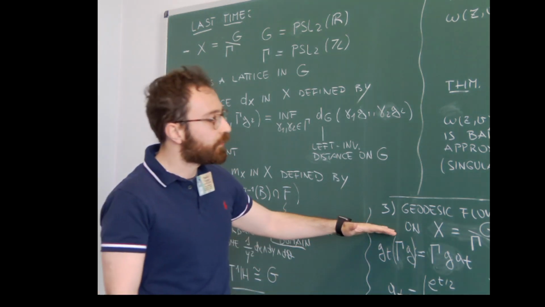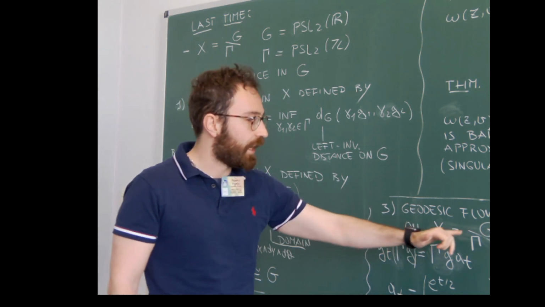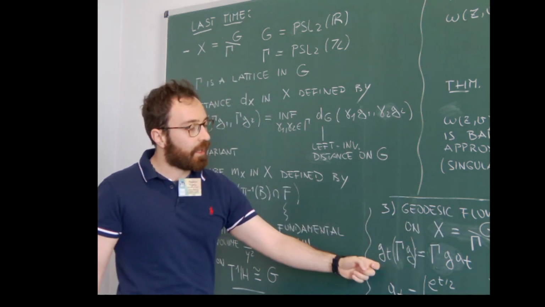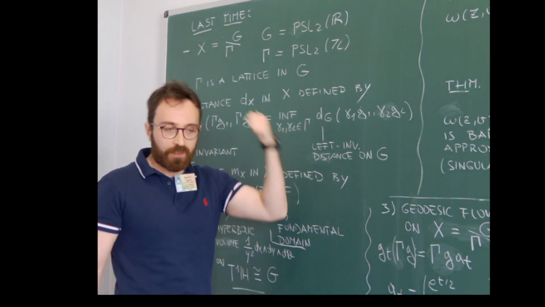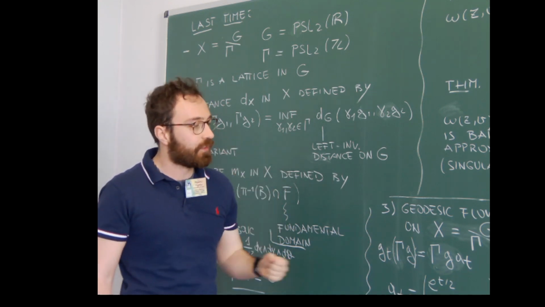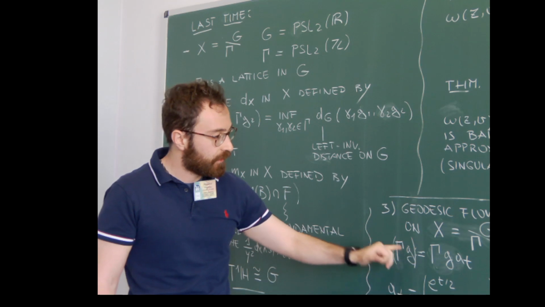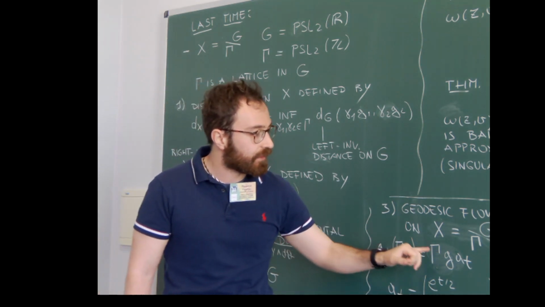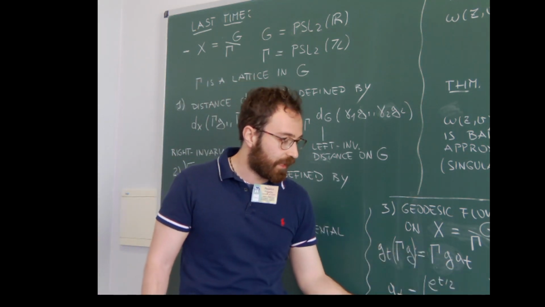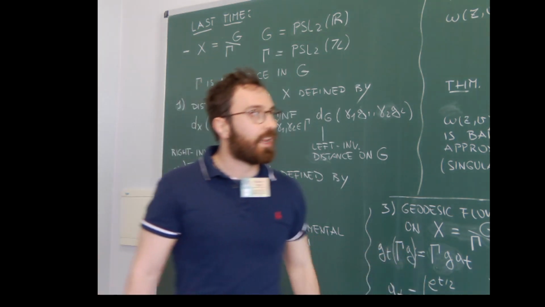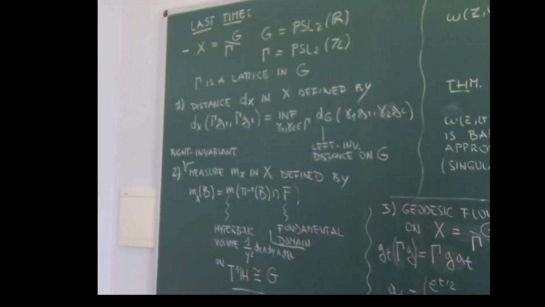Okay, so we also have a flow on this set. So again, x is G mod gamma. I take the geodesic flow in the unit tangent bundle, I push it down to x. So I define gt of gamma g as gamma g times the matrix AT, where AT is this nice diagonal matrix.